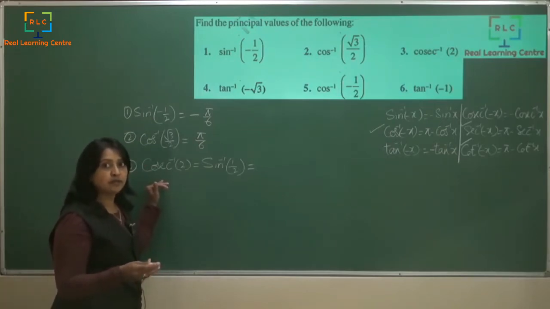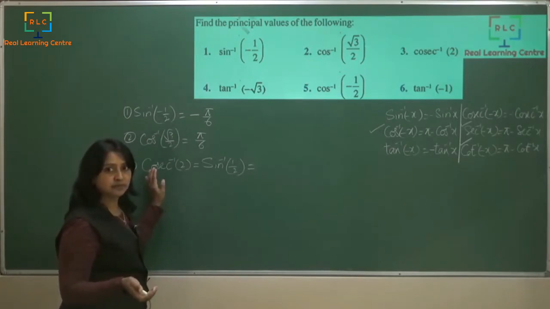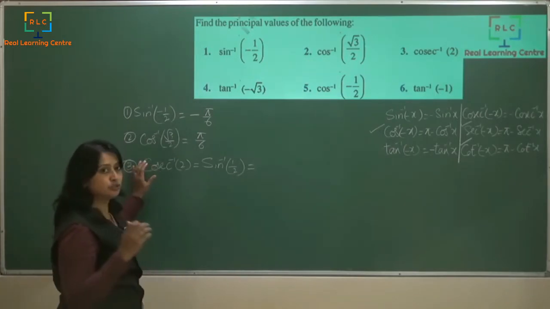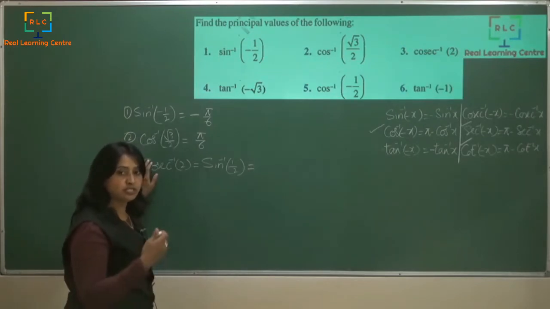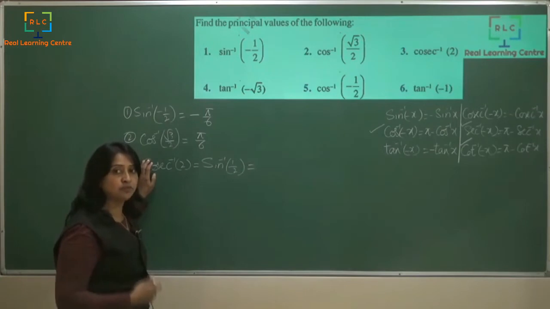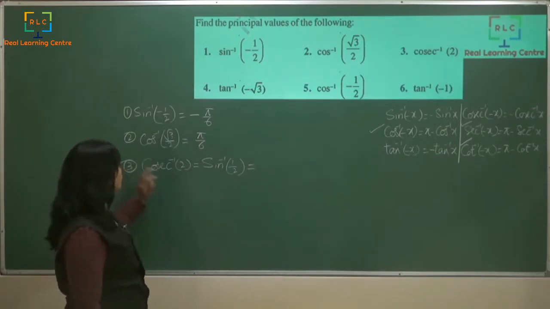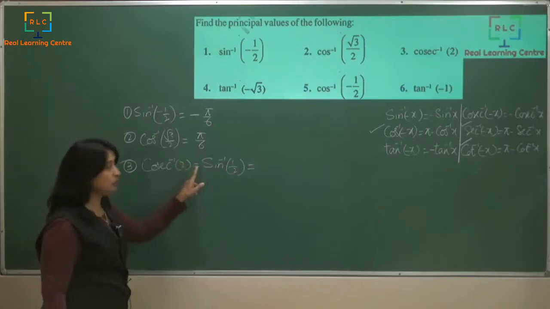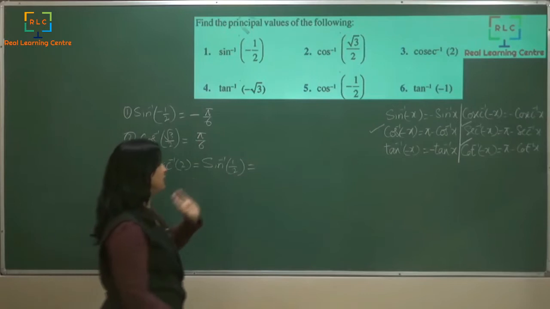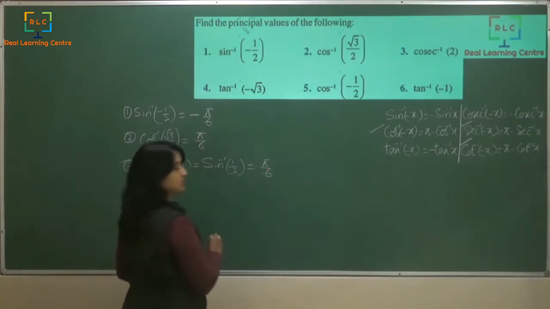The secant should be converted into cos and cosecant should be converted into sine. Cot should be converted into tan. So cosecant can be done as sine inverse, then this 2 becomes 1 by 2 and now directly write the answer. This is for 30 degree, so it is pi by 6 once again.